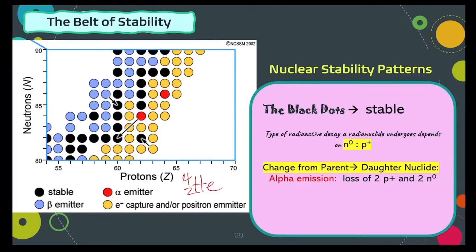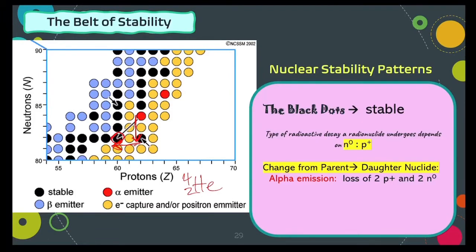Notice the red dot with the arrow. If you look at its position to start and then look at its position when it becomes stable, represented by this black dot, you'll notice that to reach this position, the number of neutrons was reduced by 2 because we went down the y-axis, and the number of protons was also decreased by 2 because we went from right to left 2 places.